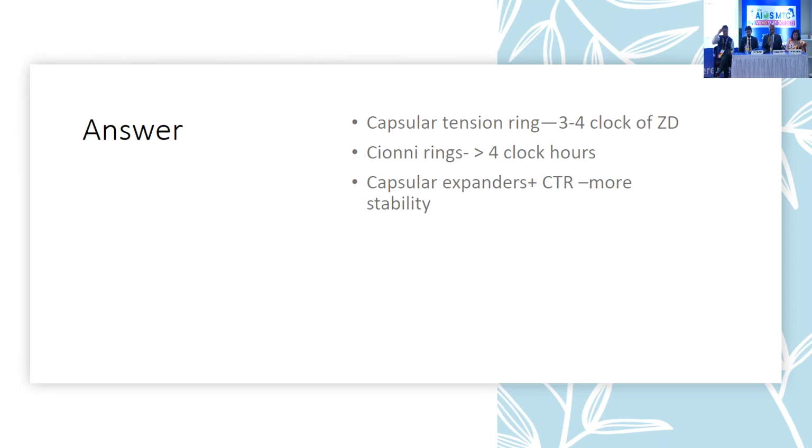So if it is there, then all these rings and CTR and other things will definitely help, but not so much in pseudoexfoliation. Where the other zonules are stronger, then that will help. Now by putting these 3-4 clock hour rings or others, we are taking the support of other zonules. But here the other zonules are also weak.